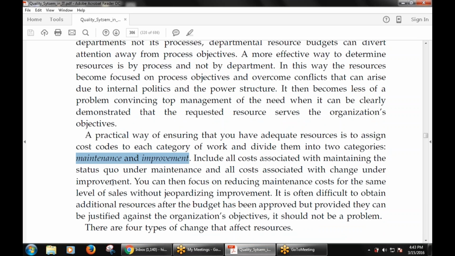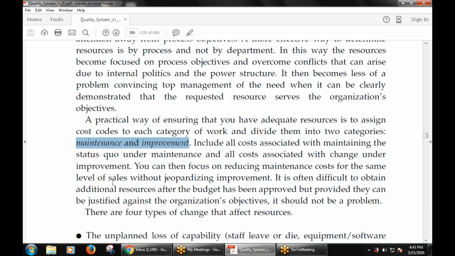That means there should be proper maintenance and proper changes for the associated costs. You can then focus on reducing the maintenance cost for the same level of sales without jeopardizing the improvement.